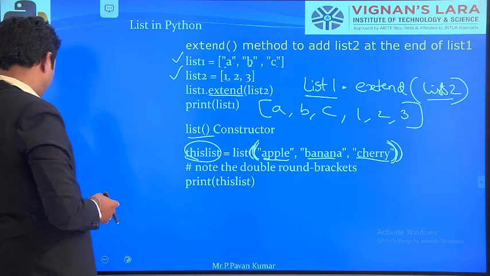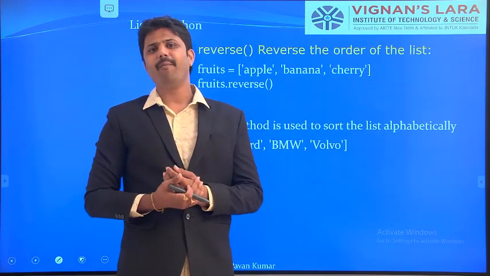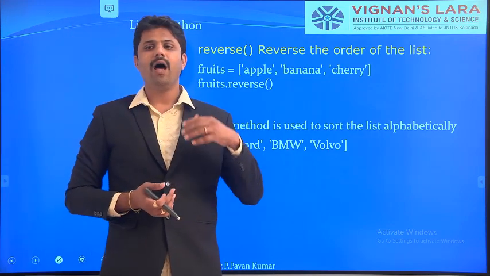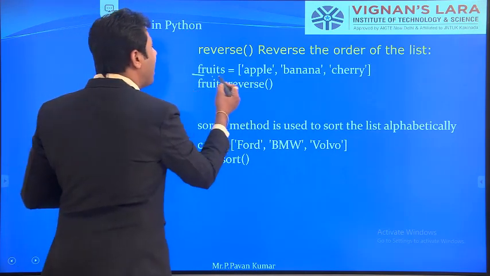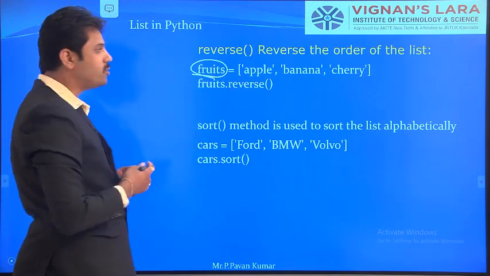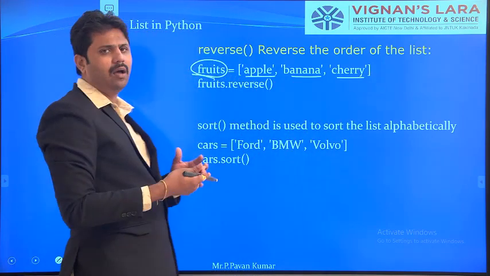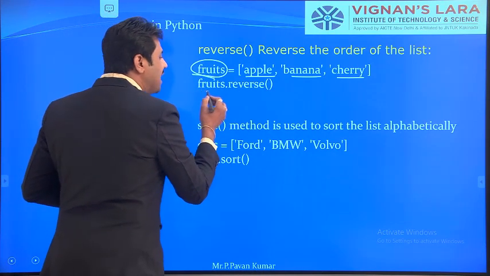Next one, reverse. If I want to perform a reverse operation, I just want to print data in reverse order. I have a method called reverse. I have a list fruits which contains apple, banana, and cherry. I just print in reverse order. What is the list name?